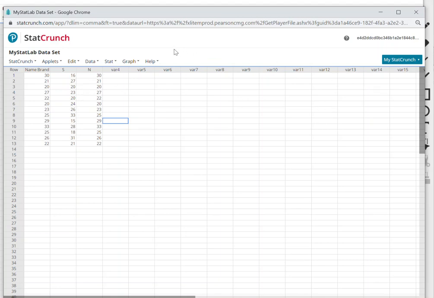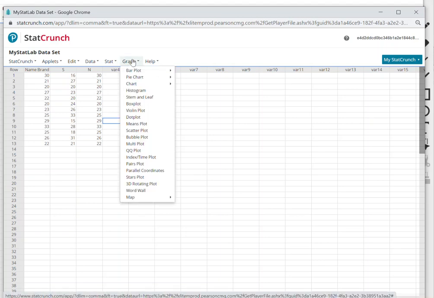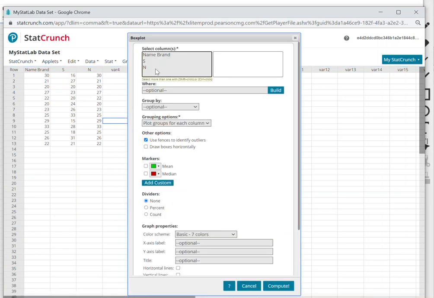Okay, so now we're ready to do the graph. So we're going to go to box plot. We're going to choose these 2 columns here, not the first one. And again, we want to pick these 2 options here, and let's go ahead and compute.